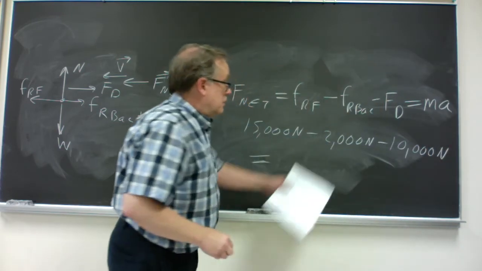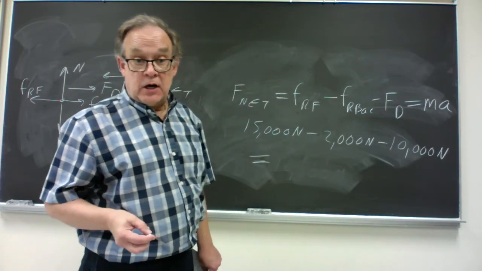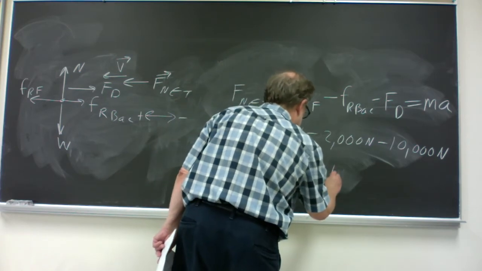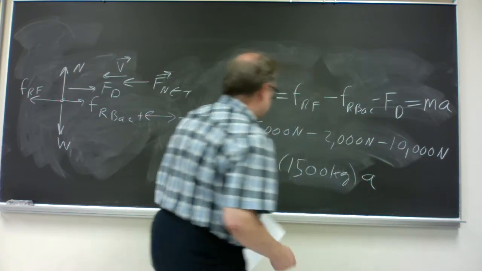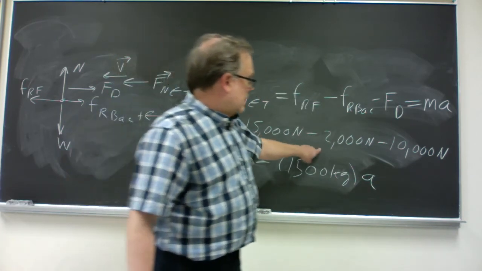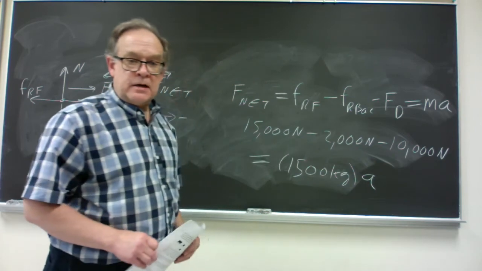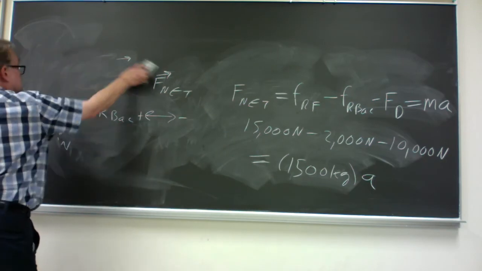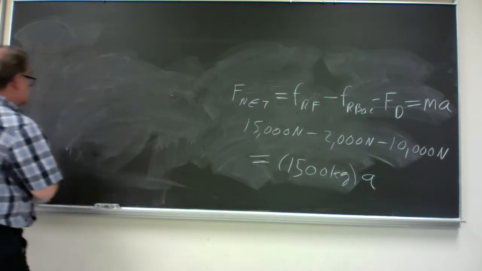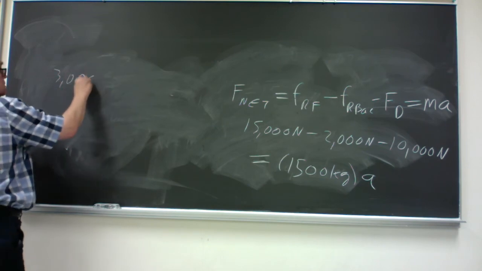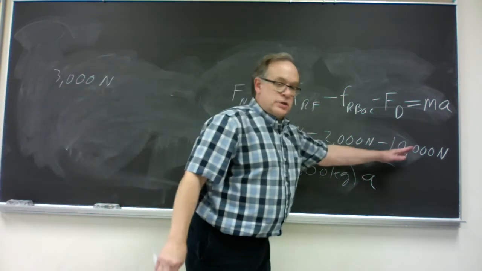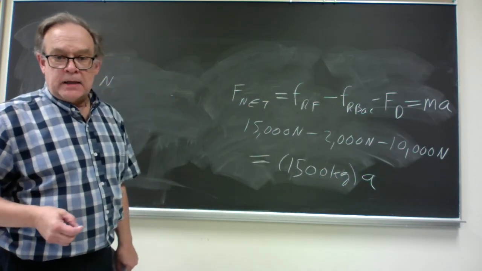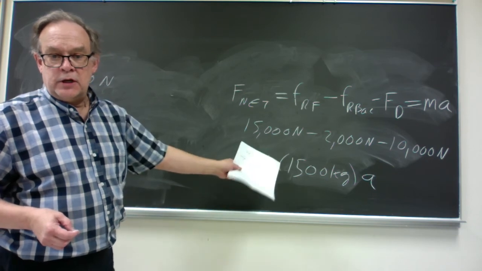And that's equal to the mass times acceleration, and the mass of the car was 1,500 kilograms times A. Well, 15,000 minus 2,000 minus 10,000, that gives us 3,000. All this just comes out to 3,000 newtons, and that is equal to 1,500 kilograms times acceleration.